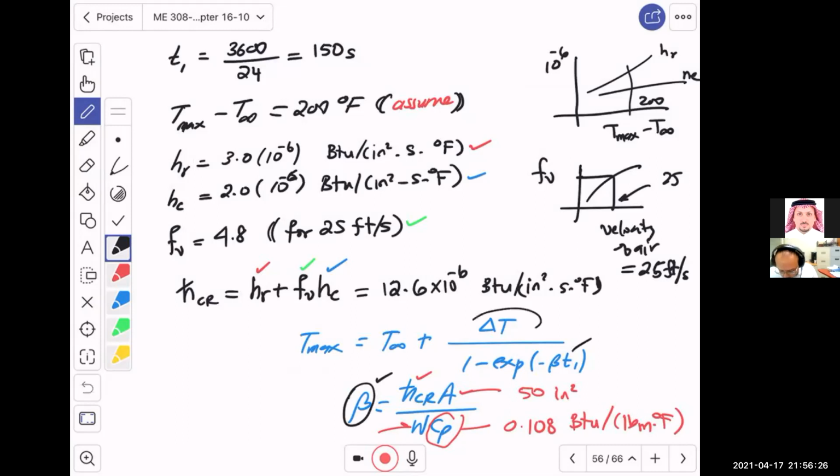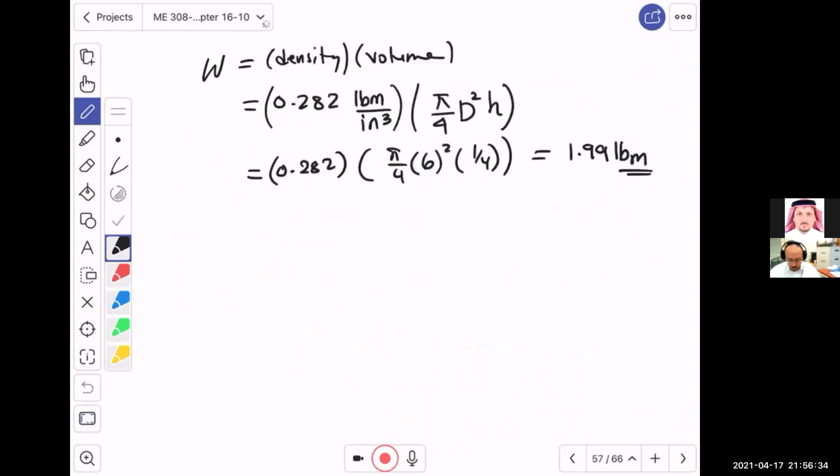We still need to find delta T. To remind you, we said that delta T is equal to E divided by WCP. So, in order to find delta T, I need to find E.